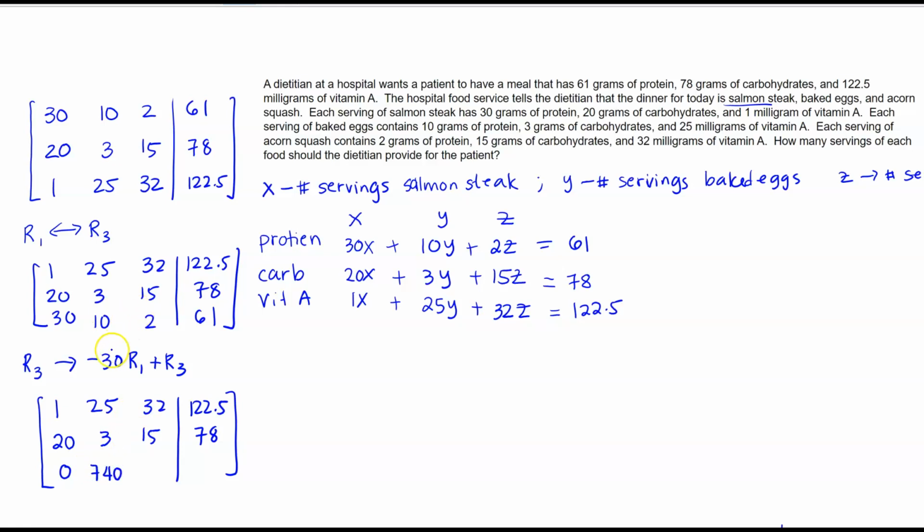And then next you have negative 30 R1, so that's negative 30 times 32, plus 2. That is equal to negative 958. And then negative 30 times 122.5 plus 61.